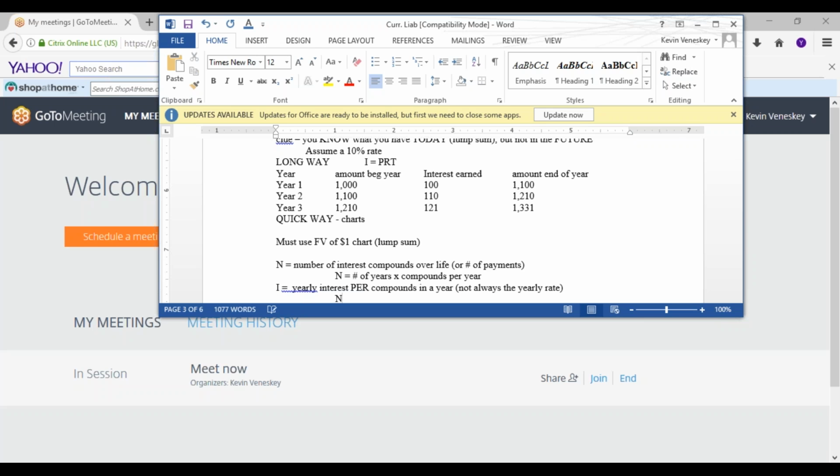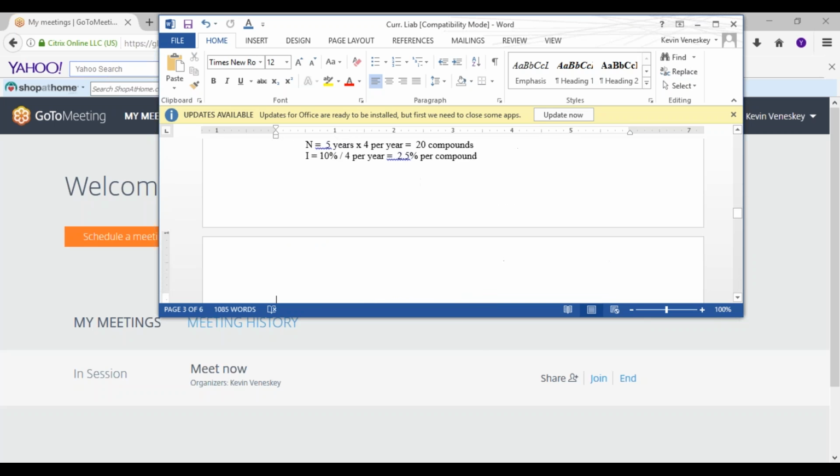But if you have something like I did in the previous one where it's doing it every 6 months, your interest is actually your yearly rate, so in this case 10%, but now instead of times your compounds per year, it's divided by your compounds per year. So if I had a 10% yearly rate, I divide that by 2 compounds for every year. That's really telling me it's 5% per compound, which should make sense. If it's 10% for the entire year, it's 5% over 6 months.